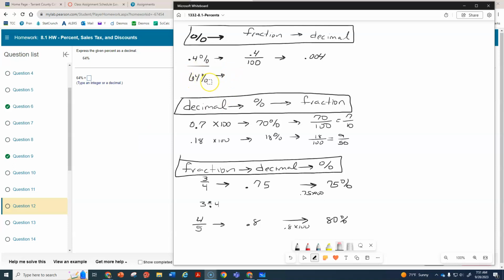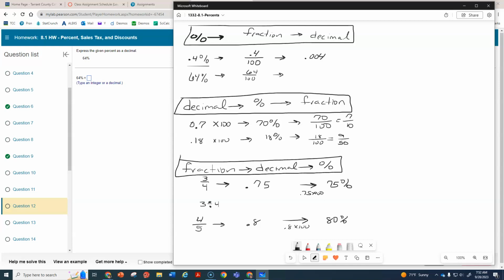In this problem, they ask you to change 64% into a decimal. So I'm going to use the notes that I gave you, and I'm going to rewrite that as 64 over 100. And then I'm going to divide 64 by 100.